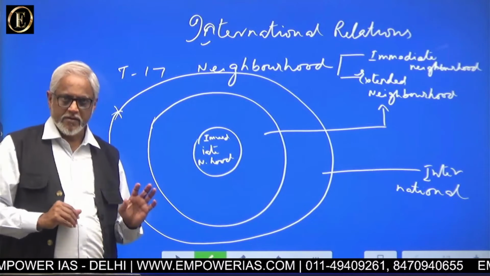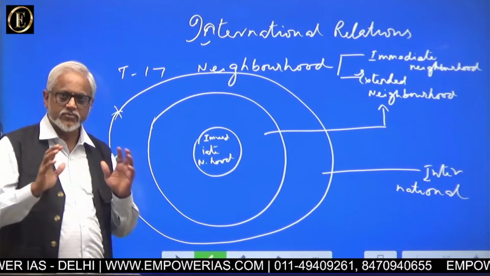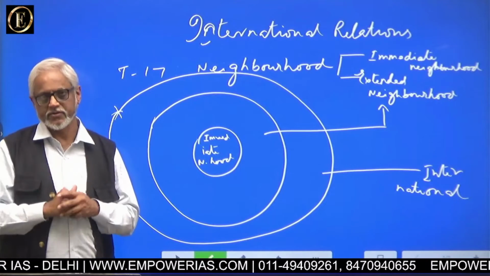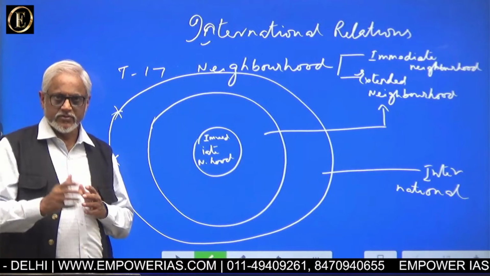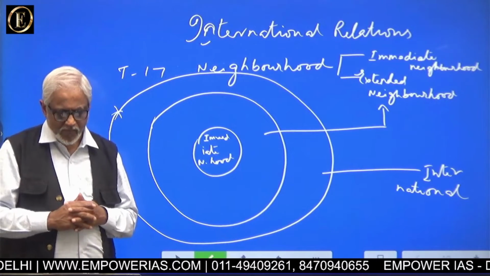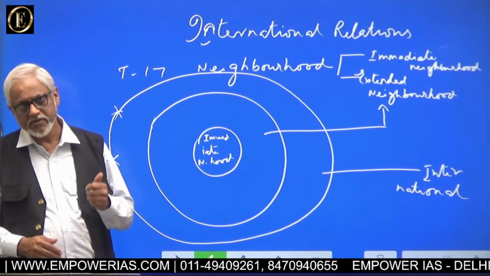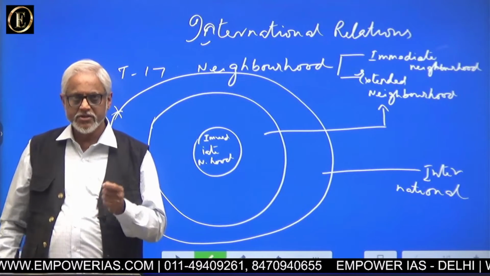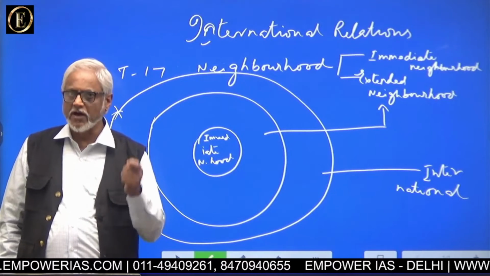So far, India's immediate neighborhood is South Asia, that is called SAARC countries. There are 7 countries in that. These 7 countries are India, Pakistan, Nepal, Bangladesh, Sri Lanka, Bhutan and Afghanistan.